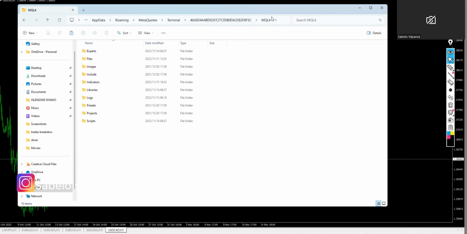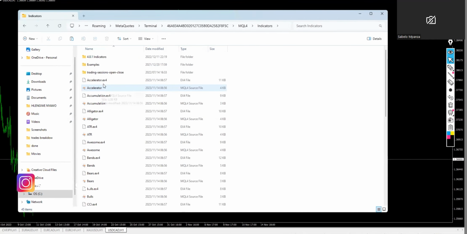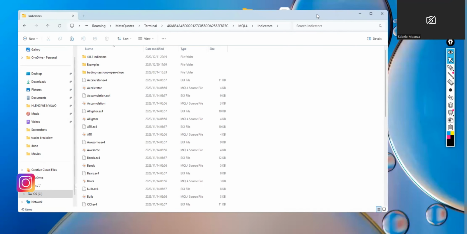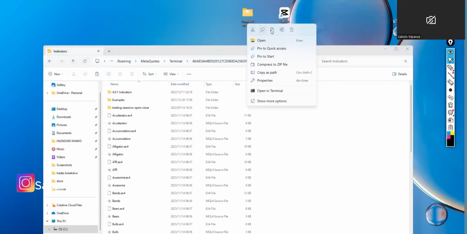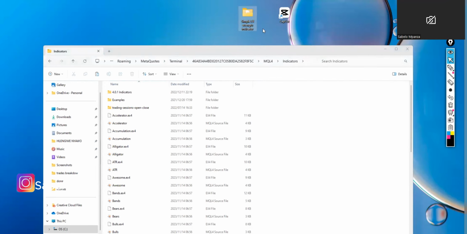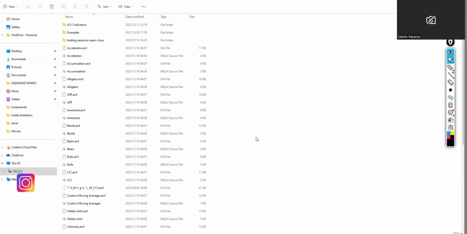Once we reach there, we're going to go to indicators, and then from there we need to minimize all these pages. Then we need to take this folder right here, copy it, and let's maximize this page, and then we need to paste it here on this page.